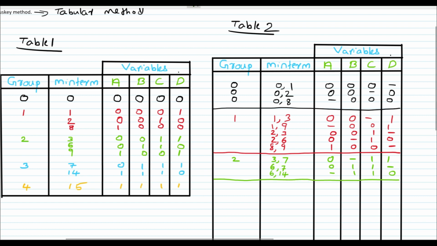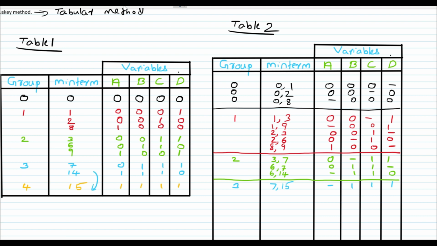Now we will move to group 3. We are going to compare group 3 with group 4. First we will see comparing 7 and 15. Only the first bit is changing. So we can write it as 7, 15, that is dash, 1, 1, 1. Now we will compare 14 and 15.